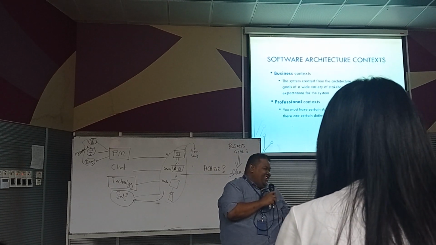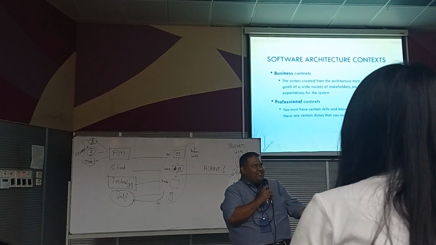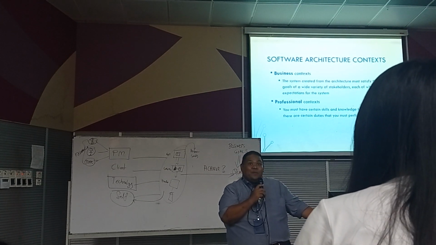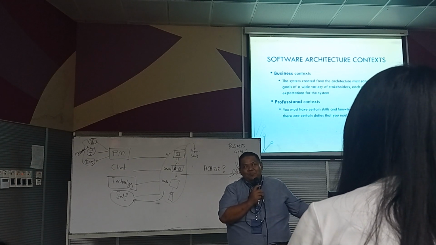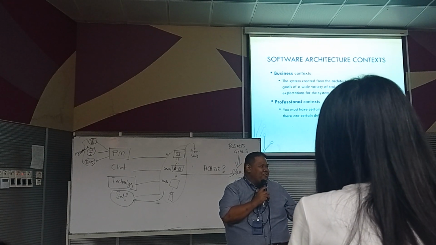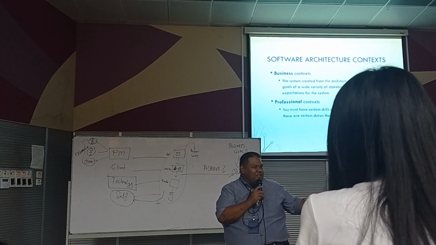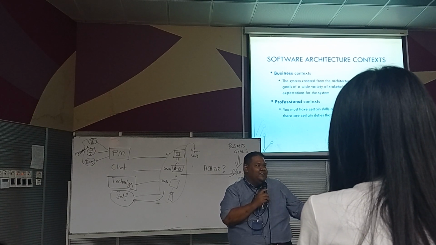That's the reality, because my wife worked for the government, for the Ministry of Defense. When she was in the Ministry of Defense, she was the head of the data center.